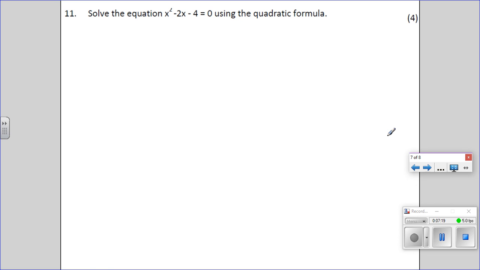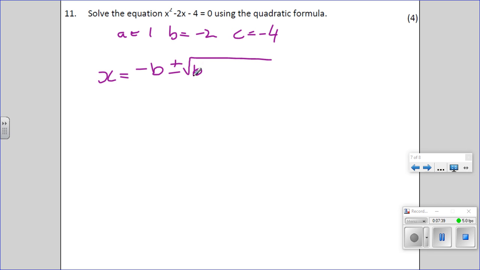Okay, so moving on, solve the equation x squared minus 2x minus 4 using the quadratic formula. So I need my a, which is equal to 1, my b, which is equal to negative 2, and my c, which is equal to negative 4, and I need to substitute these into x equals negative b plus or minus the square root of b squared minus 4ac, all divided by 2a.